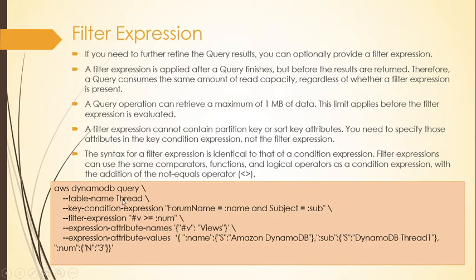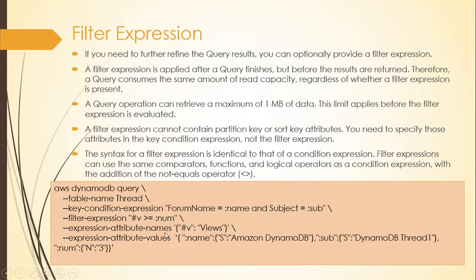Here is the same example we saw in the last slide: the table name is Thread, and the key condition expression is also the same. Additionally, I added a filter expression, which is #v greater than or equal to :num.